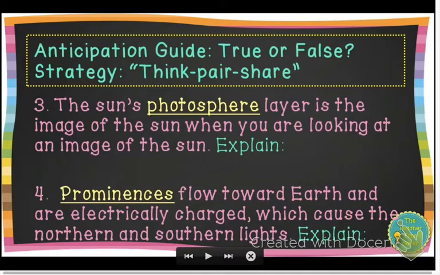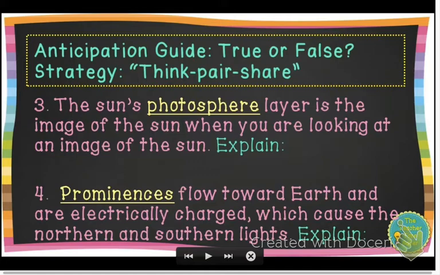Before we get started, I want you to flip your paper over, and on the back side I have written these same 2 questions, or they're really statements, and then you need to decide if they are true or false. And it's okay if you're wrong, because that's what learning is all about.